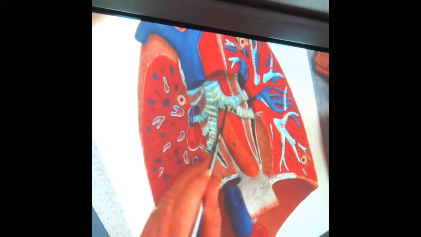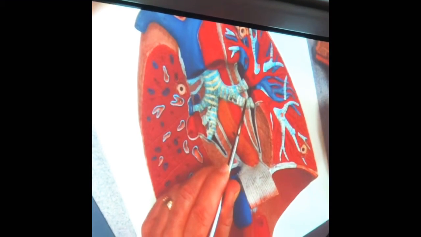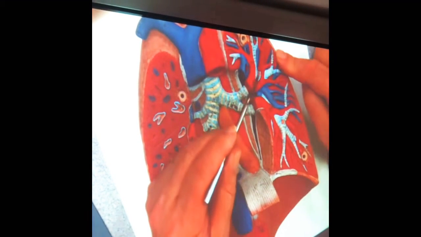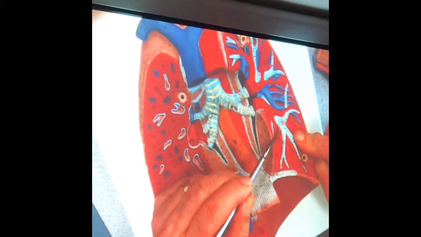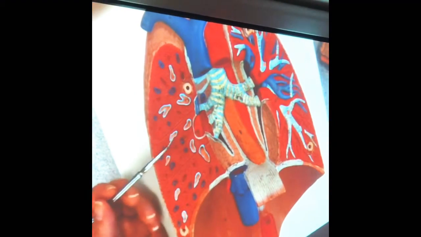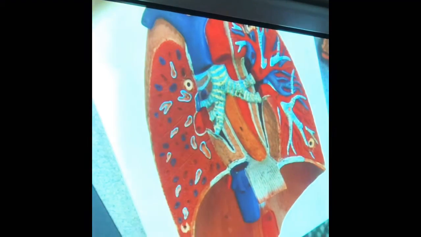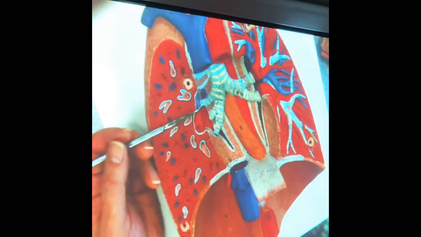On the left side, it divides into two other bronchi, secondary bronchi. One will go to the superior lobe, the other goes to the inferior lobe. Then they'll continue to divide into tertiary bronchi, to bronchiopulmonary segments, and then they become bronchioles.